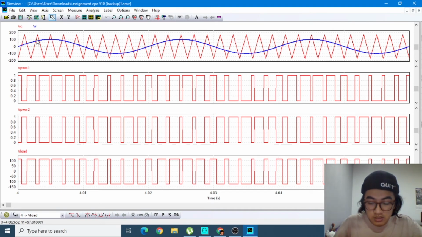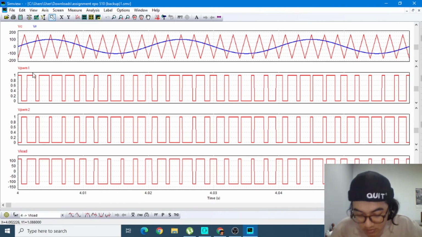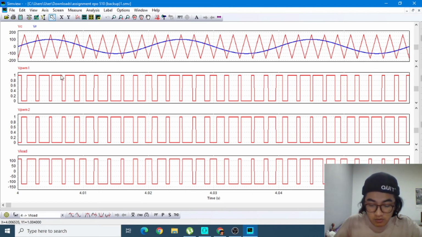If the sinusoidal is higher than the triangle, it will make the V out more positive, and it will turn on S1 and S2. And if the modulating sinusoidal is lower than the triangle, the width becomes bigger and it will turn on S3 and S4.